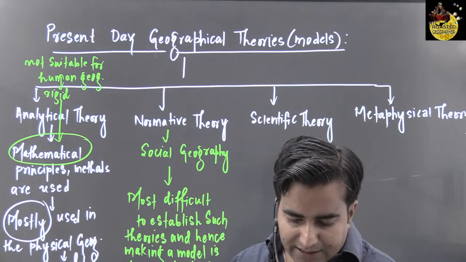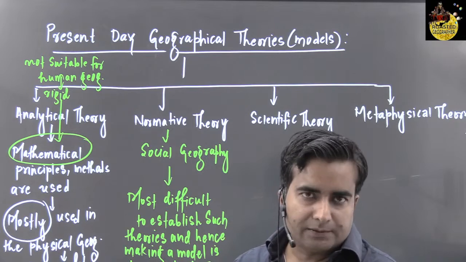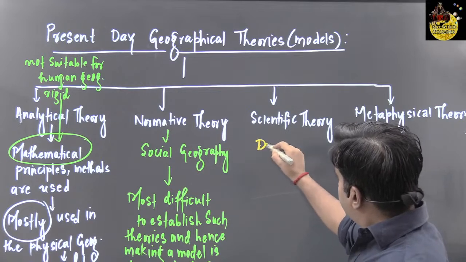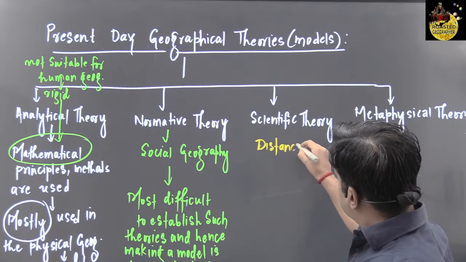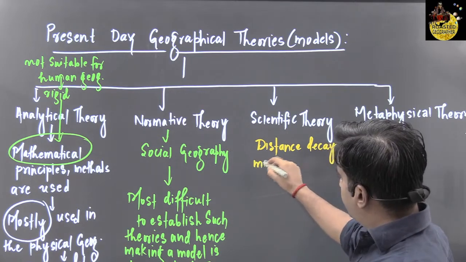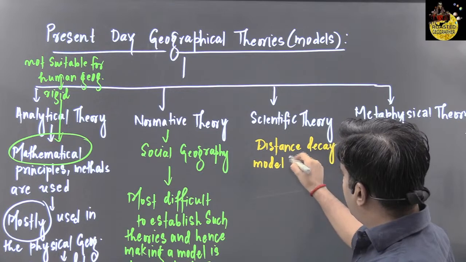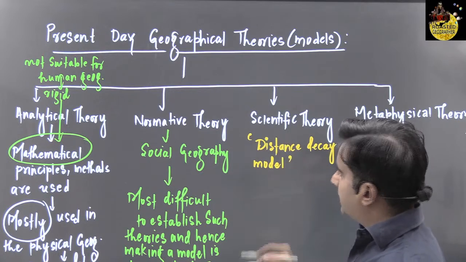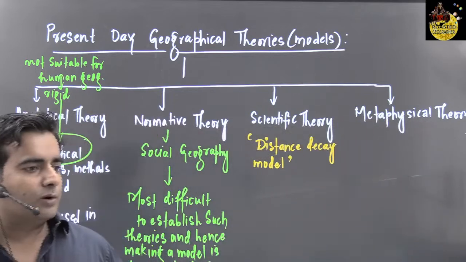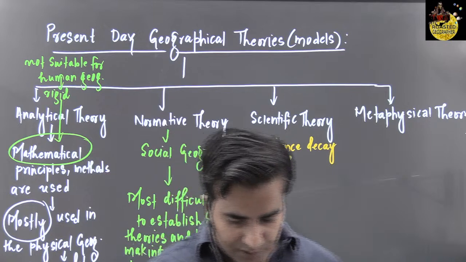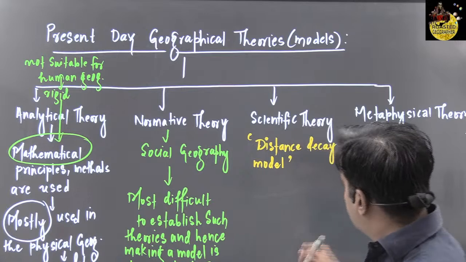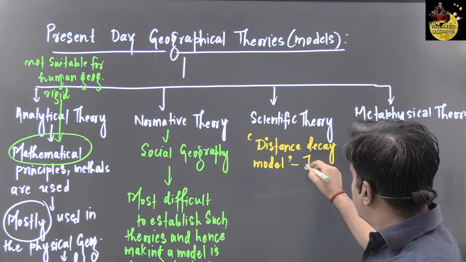He considered that the distance decay model is valid in developing countries. ठीक है, सबका एक एग्जाम्पल भी दे देंगे, so I am giving you an example. Distance decay model. बहुत सारे लोग सोचते हैं कि this is the work of the very famous geographers that we study about, but this was a work which was done by John Buss. Distance decay model by John Buss.